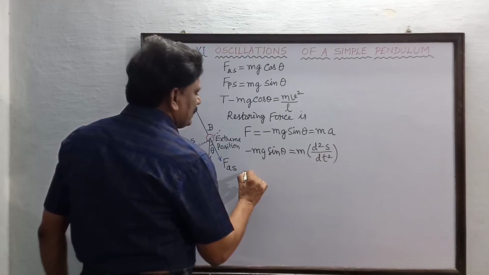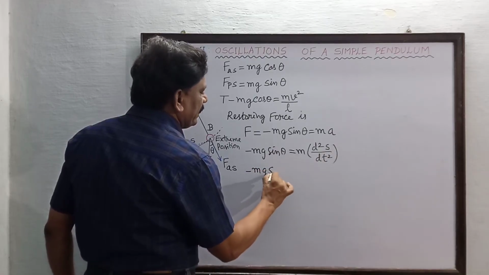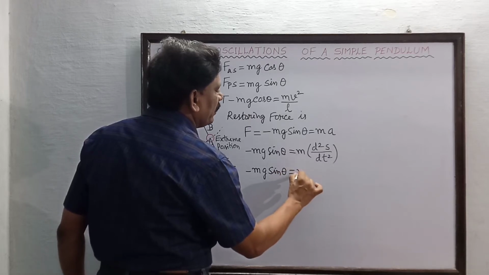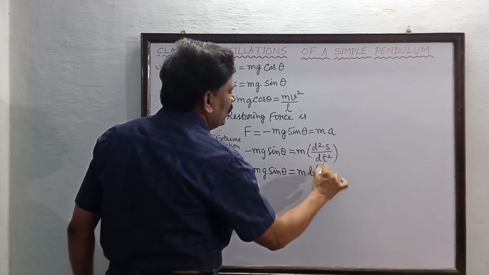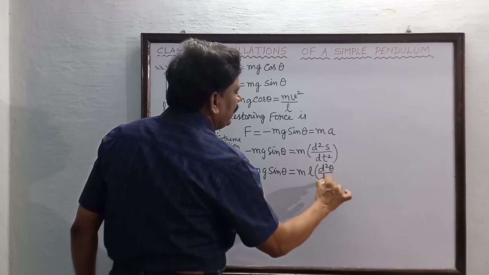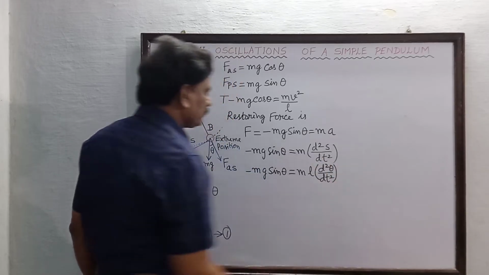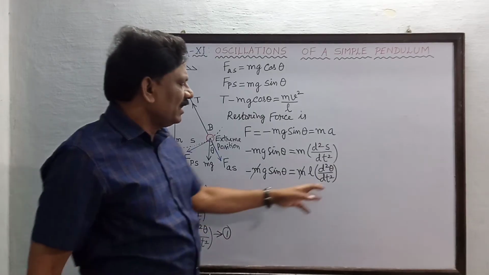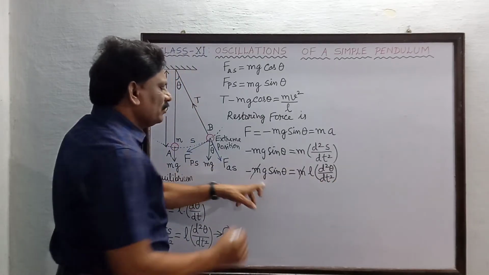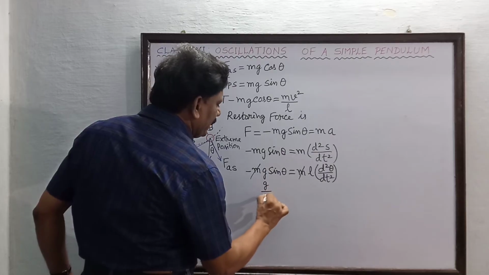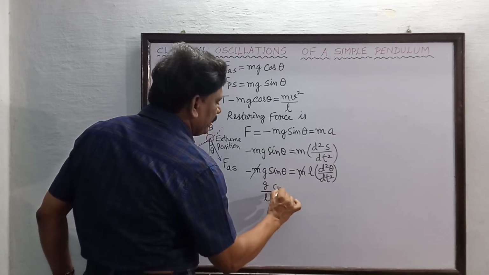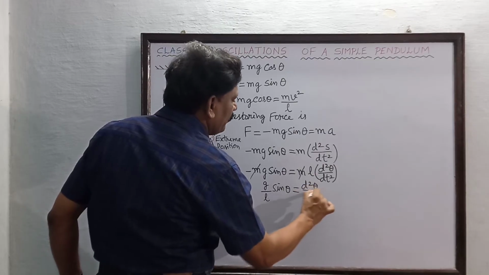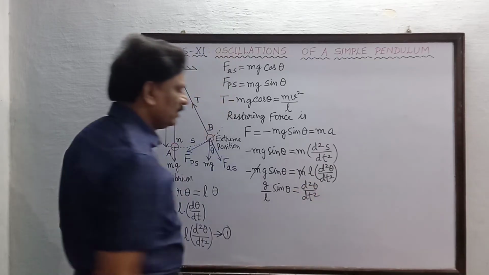So minus mg sin theta is equal to m into L into d square theta divided by dt square. Now m is getting cancelled. I will shift this L term to the left hand side. So g by L into sine theta is equal to d square theta by dt square.